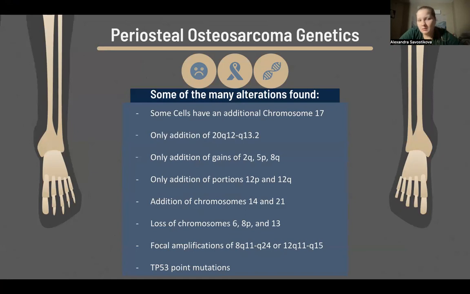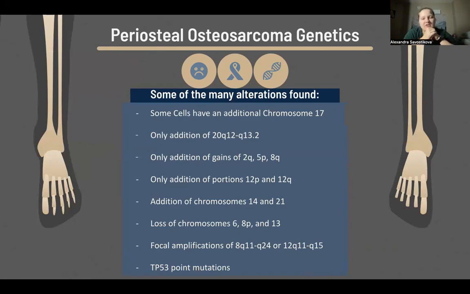So some alterations found in the tumor are that some cells, not all, would have an additional chromosome 17, or that they would have an addition of just a fragment of certain chromosomes. Or sometimes they see that the genes would duplicate and have an additional portion, and that would be like the 2q, 5p, 8q, and again all those other ones.